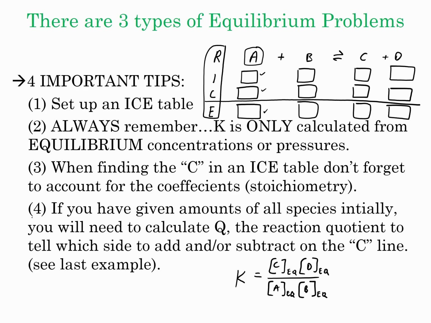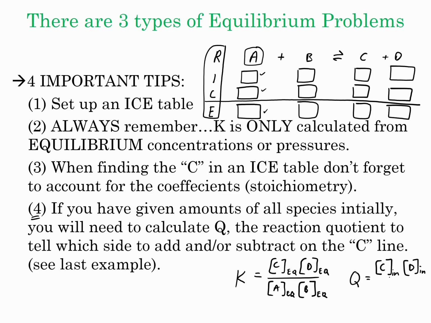What part 4 is saying is something called Q, the reaction quotient. You'll be reading about it in, I believe, section 15.6. This allows you to tell which way the reaction will shift if you compare Q versus K. You do this initially, so I'll put IN for initial.